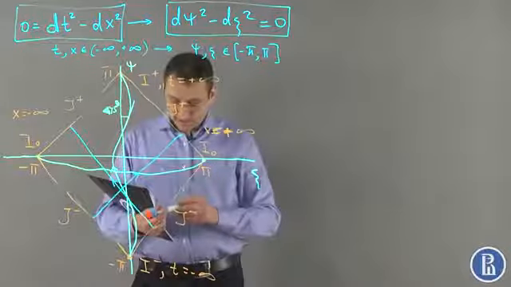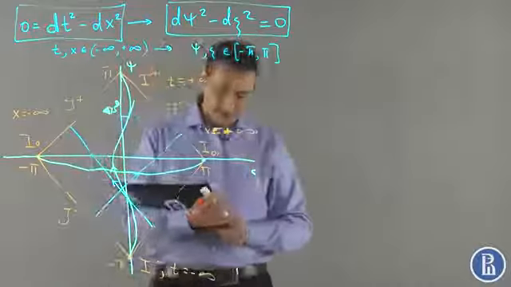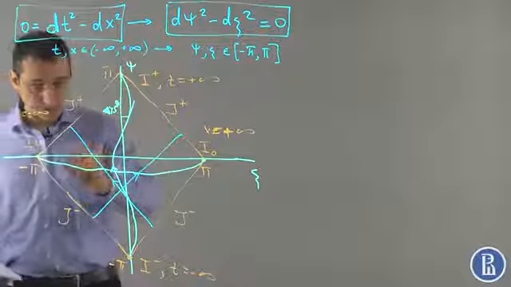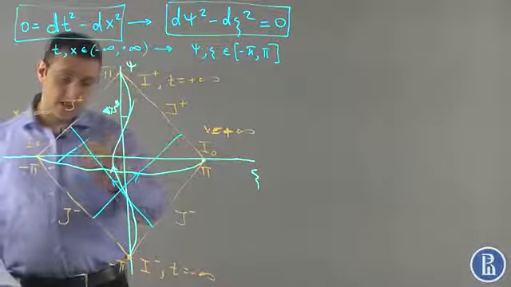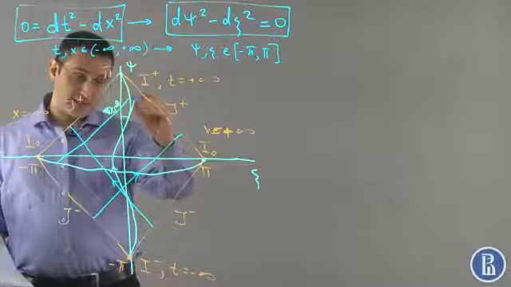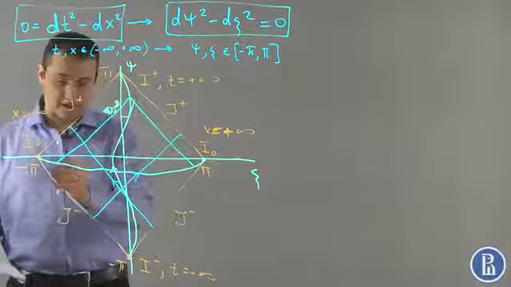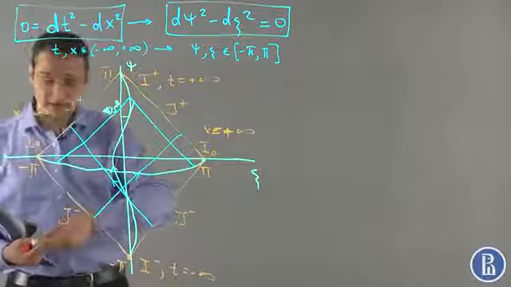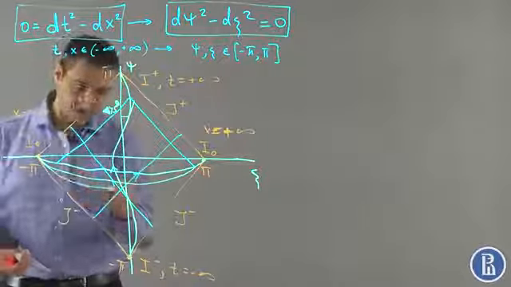And now one can see that any observer in Minkowski space has access to the whole space, because as time goes by, this observer sees more and more of every Cauchy surface in this Minkowski space. So these are Cauchy surfaces.